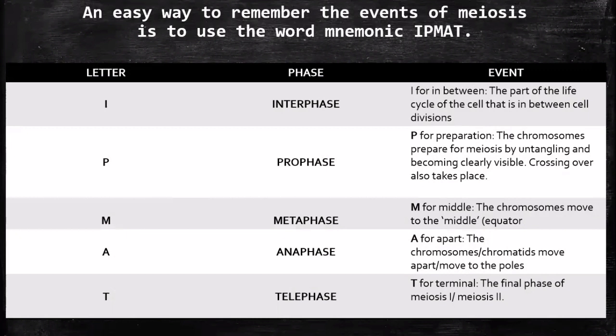And then anaphase stands for apart or away, meaning either chromosomes are going to be pulled away from each other, or chromatids are going to be pulled away from each other, just like that. And then telophase stands for terminal. Terminal means final, the final phase of meiosis I and meiosis II.